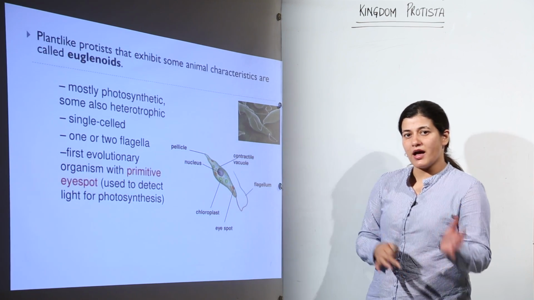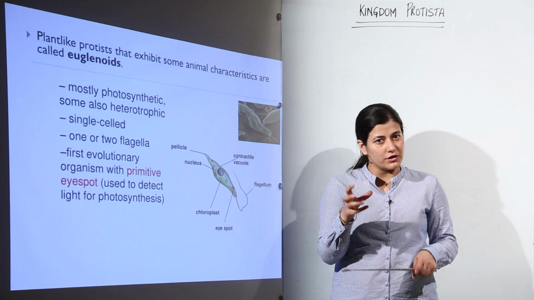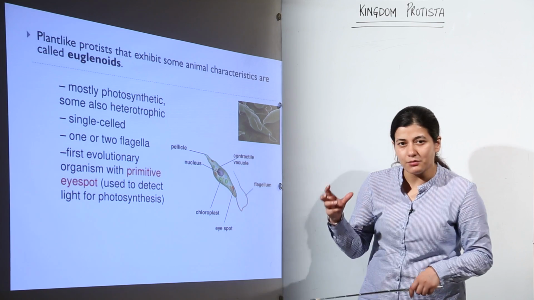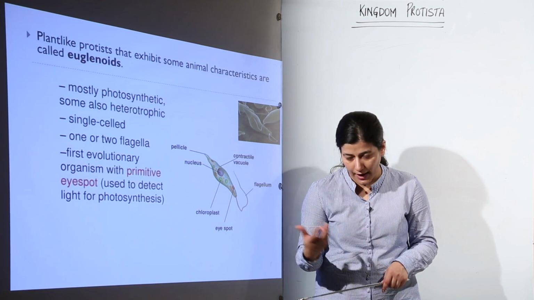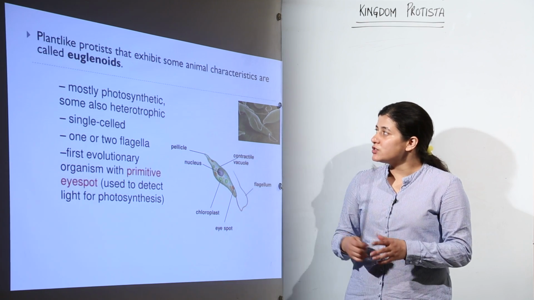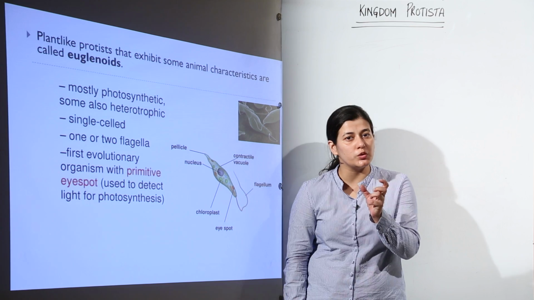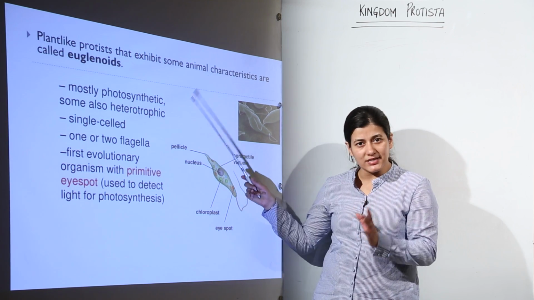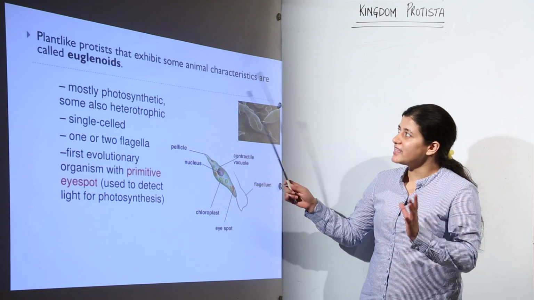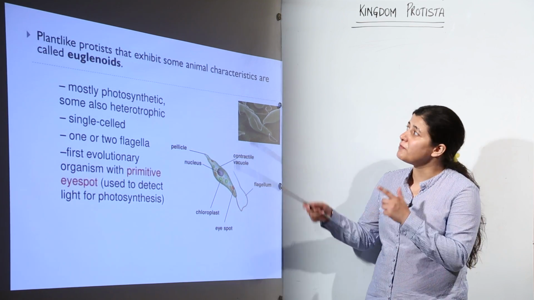Now, when I say plant-like and animal characteristics, the basic difference for distinguishing between a plant and an animal is either the cell structure, or it is going to be their nutrition habits that we are going to study. So, in case of euglenoids, it is the mode of nutrition that they exhibit animal-like characteristics in, and they are plant-like protists.